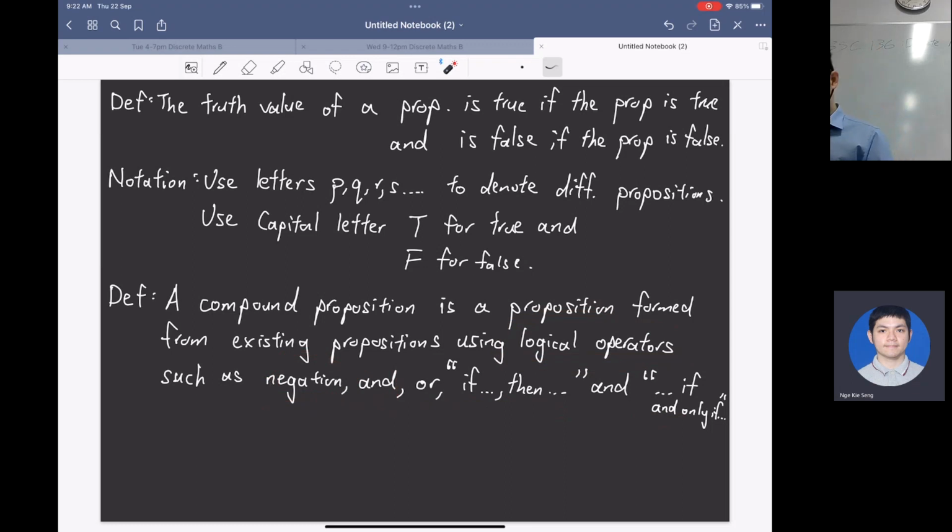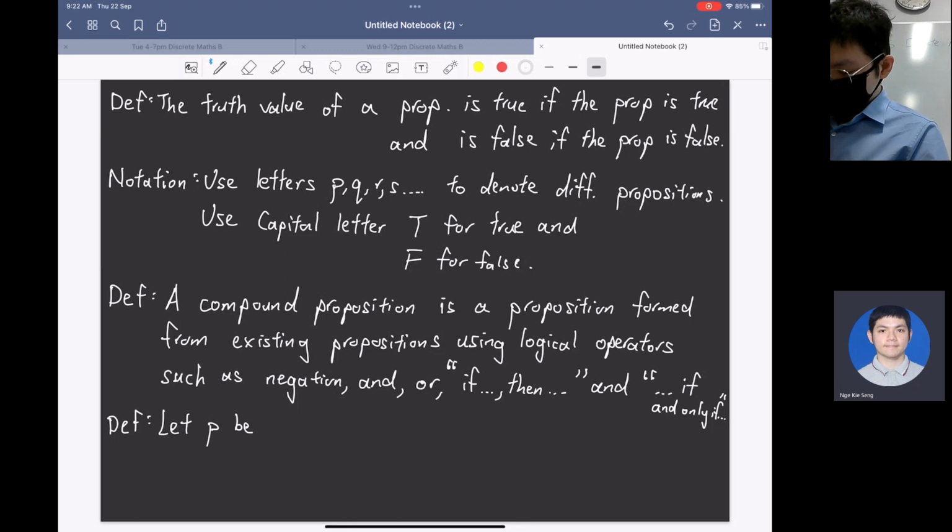Okay. So what's negation first? Definition. Let P be a proposition. What's the negation of a proposition?